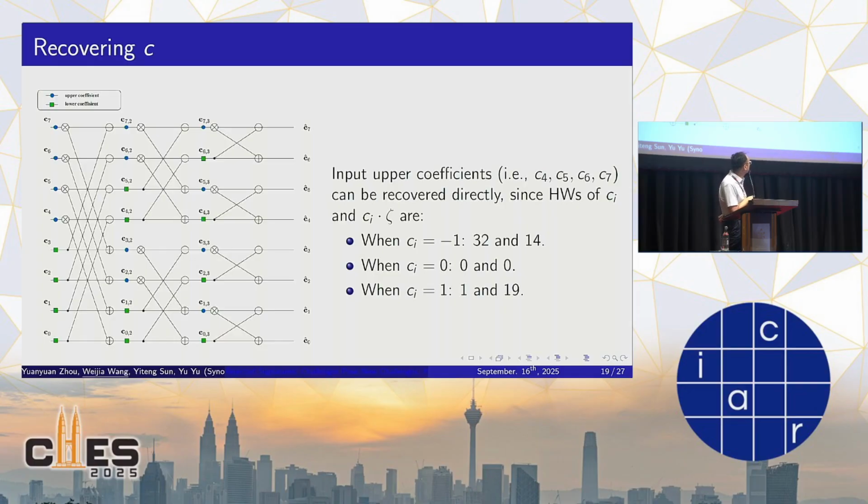When c_i equals 0, the Hamming weights are 0 and 0. When c_i equals 1, the Hamming weights are 1 and 90. So the difference is quite significant, and we can directly recover the values of these four coefficients.